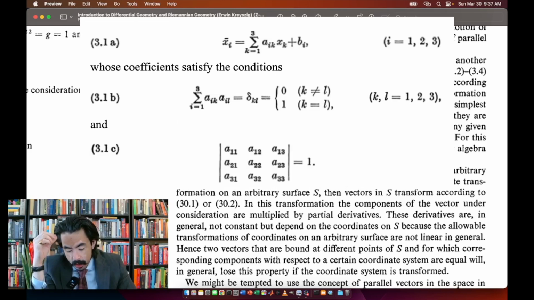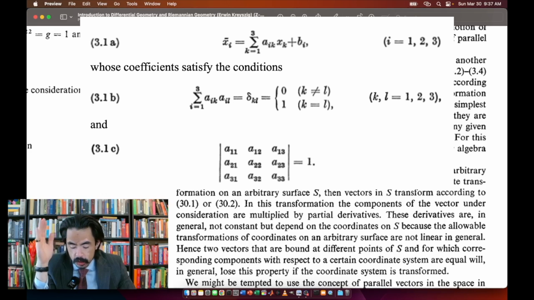We have the transformed vector x over bar sub i, where i is equal to 1, 2, or 3, equal to the sum on the index k from 1 to 3 of coefficient a sub ik, times the original vector x sub k, plus the linear adjustment b sub i.